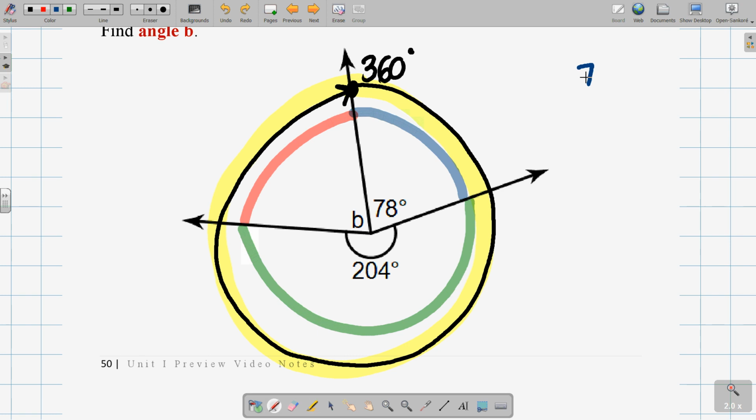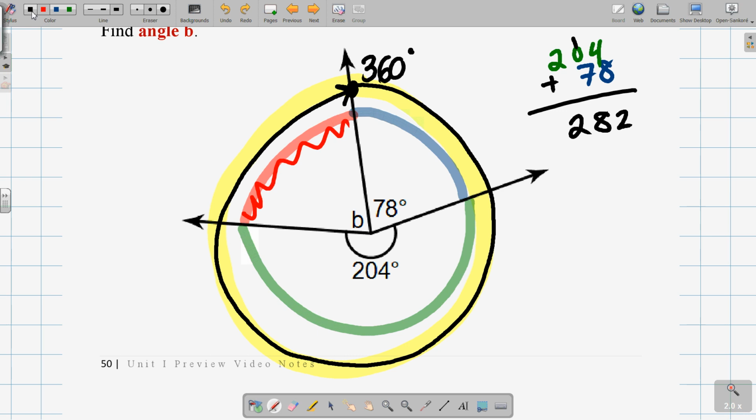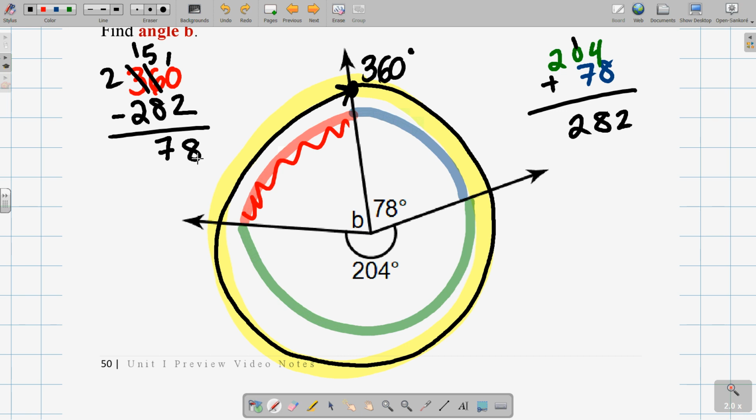So you can see that you're simply going to add 78 plus 204, and to get angle B, we simply take that away from 360. That's 78 degrees.